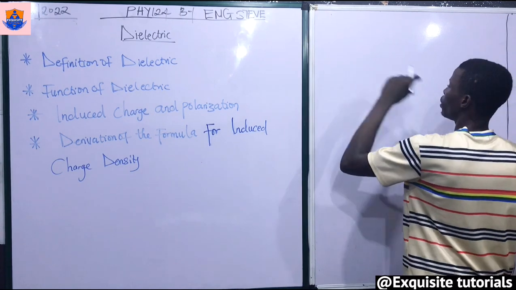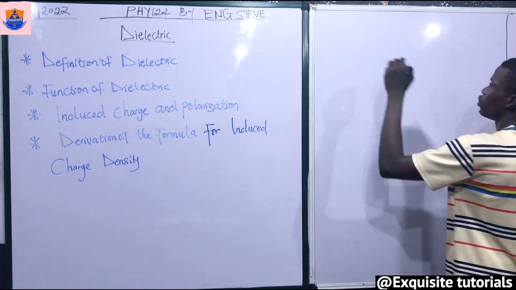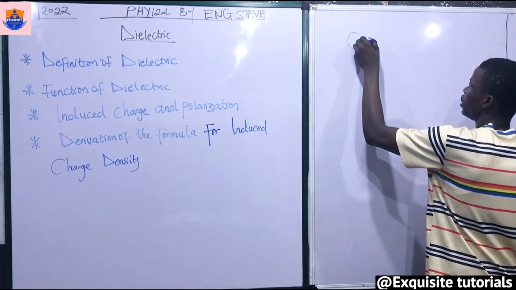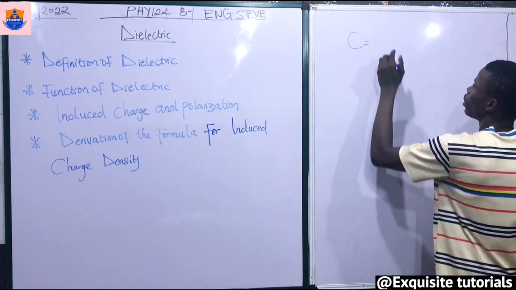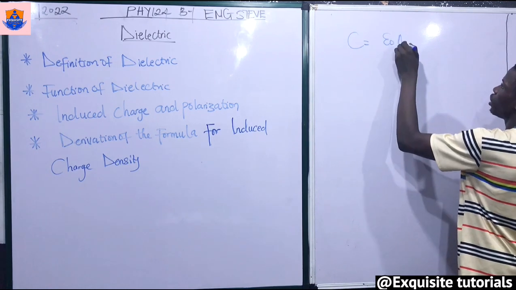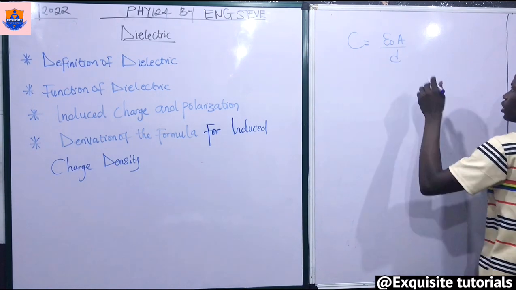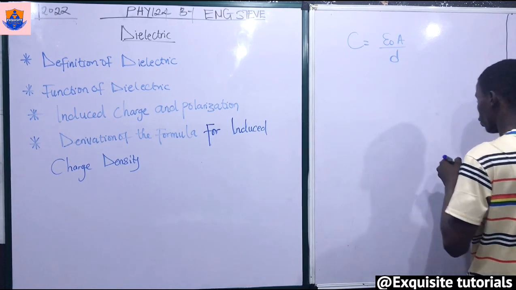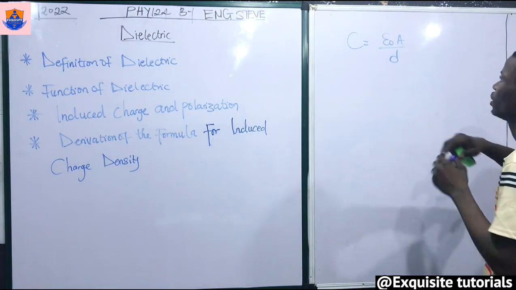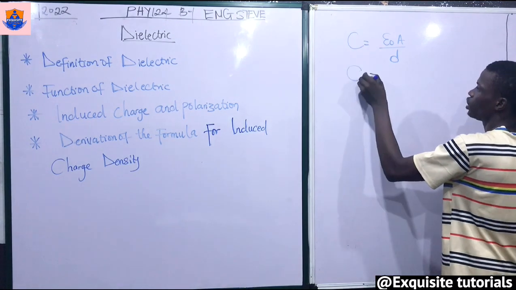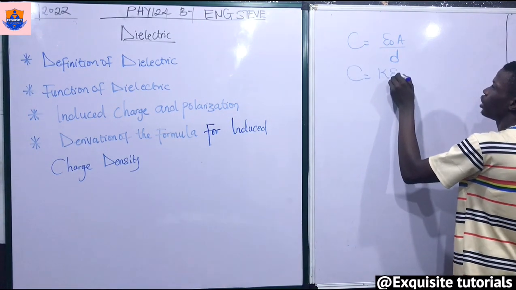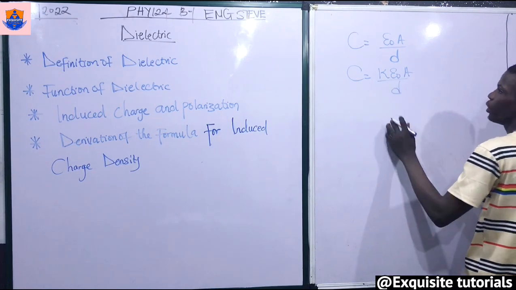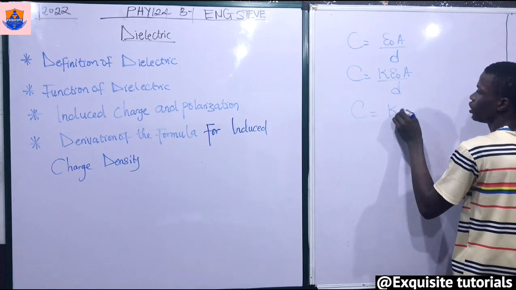So, in a dielectric substance, remember from our initial formula of capacitance that C is equal to epsilon naught A over d. In the presence of a dielectric, this formula is written this way: C is equal to K epsilon naught A over d, where C is equal to K C naught.